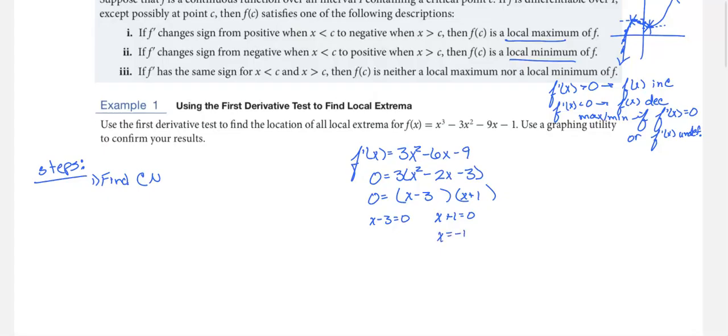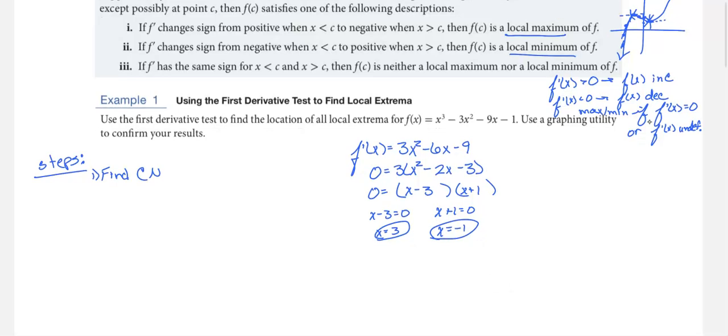One of them is at -1, and one of them is at 3. I also need to think about where that derivative is undefined. And that derivative is not undefined anywhere. It's defined for every x value because we ended up with a quadratic for the derivative. So that's your first step. Find critical numbers. Where is the derivative equal to 0 and where is the derivative undefined?